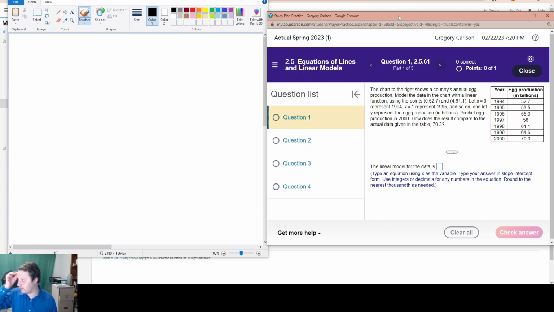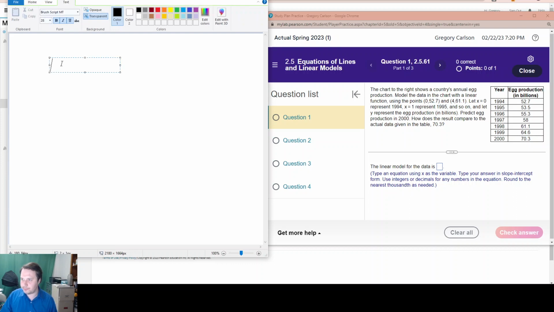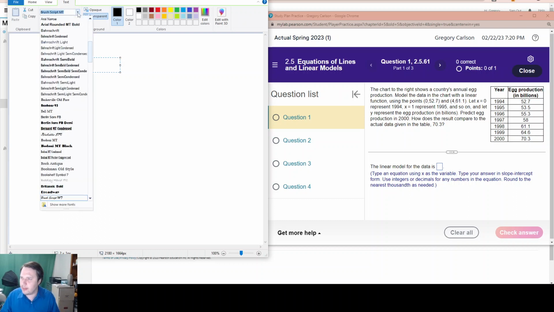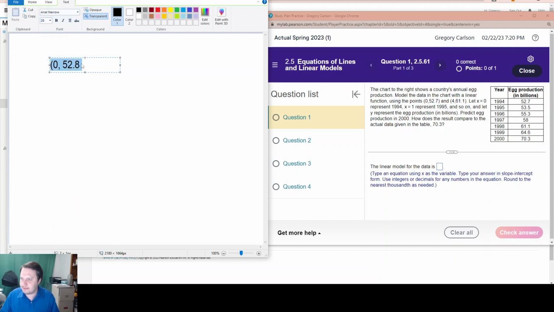So it says use the points 0, 52.7, and 4, 61.1. So the 2 points that we're going to use are 0, 52.7 as the first point and 4, 61.1 as the second point.